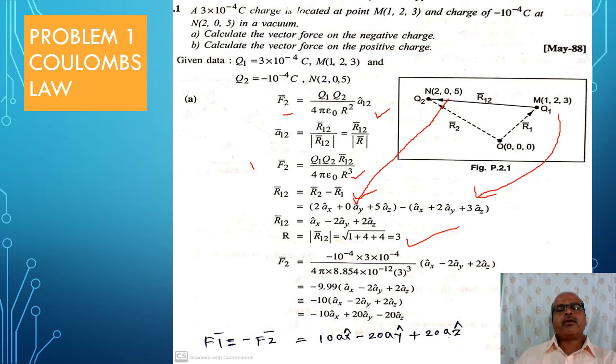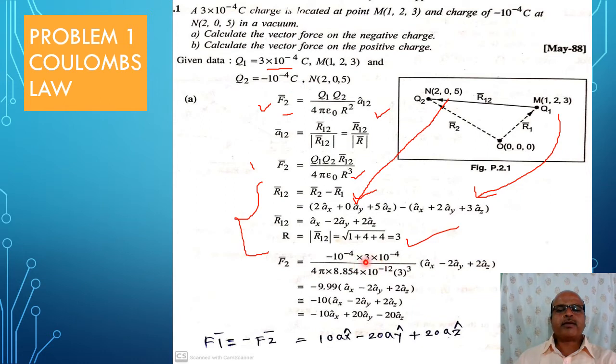Then if we keep all the values that we have calculated in this equation for F2 bar, we will put the value of Q1. Q1 is given as 3 into 10 raised to minus 4, and the Q2 value is given as minus 10 raised to minus 4.